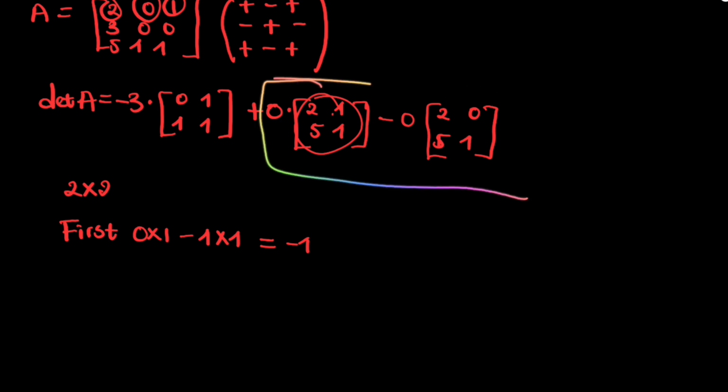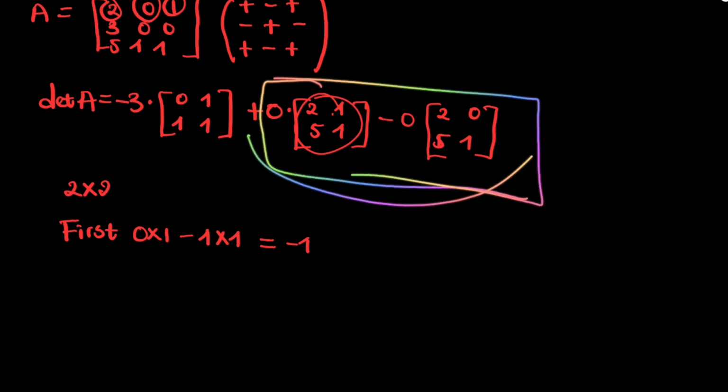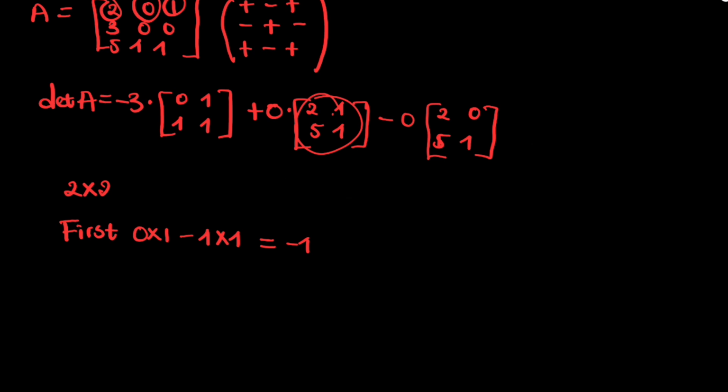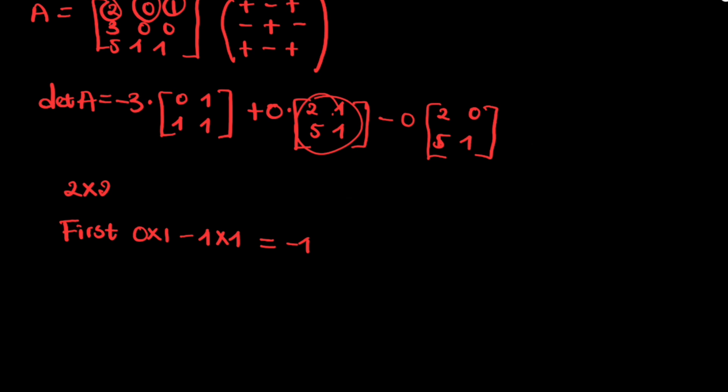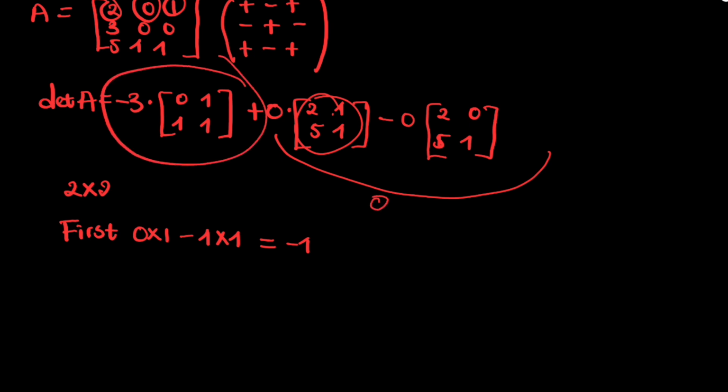So we just remove this. All this will give us 0, so we leave it out. So this is enough. Let's put it back.